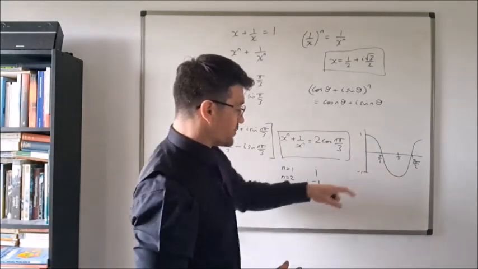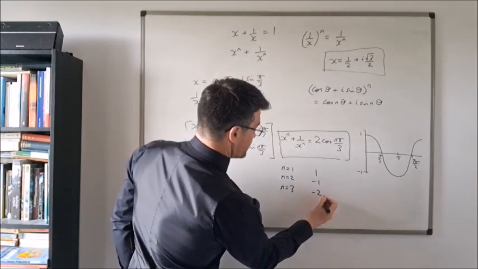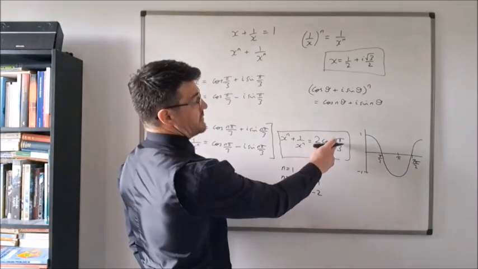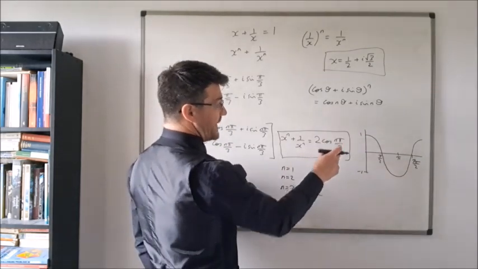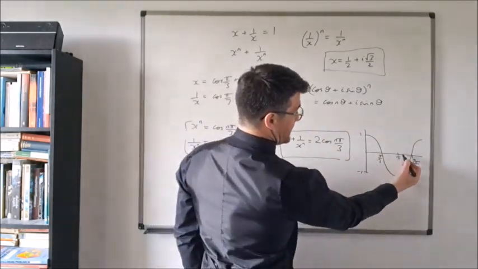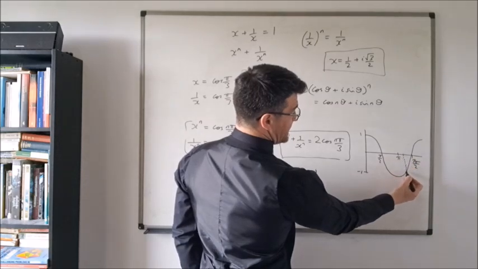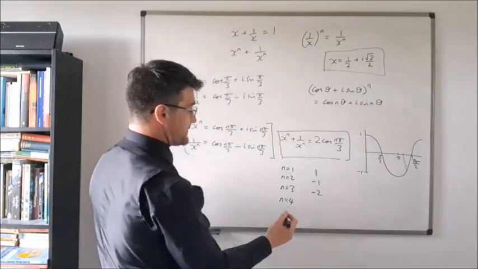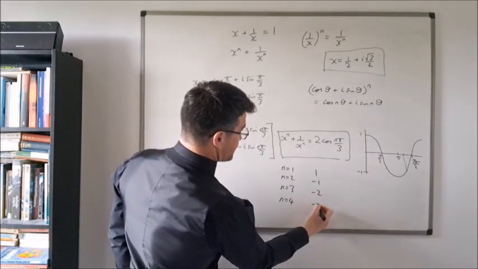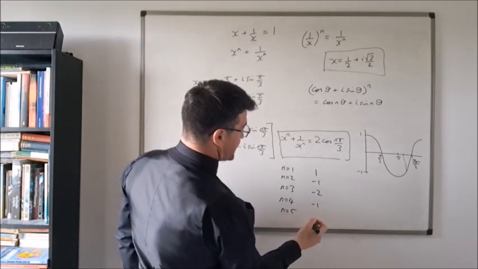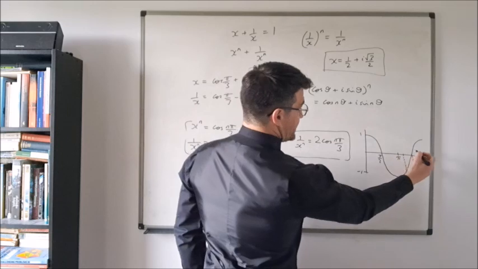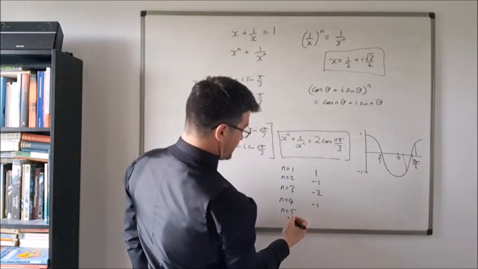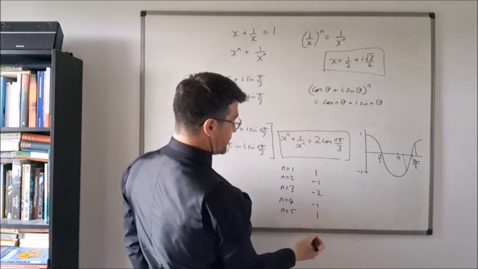Cos pi is minus 1, so it's going to be minus 2. n equals 4, 2 cos 4 pi by 3. 4 pi by 3 is about here, so that's going to give minus a half. The graph's not drawn very well, but it's going to be minus a half. 2 times minus a half is minus 1. n equals 5. 5 pi by 3 is going to be over here somewhere. It's going to be plus a half. So we get 2 times a half, which is 1.